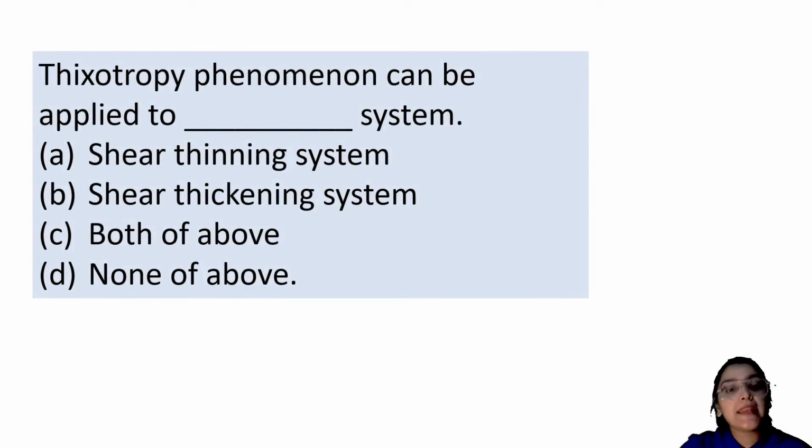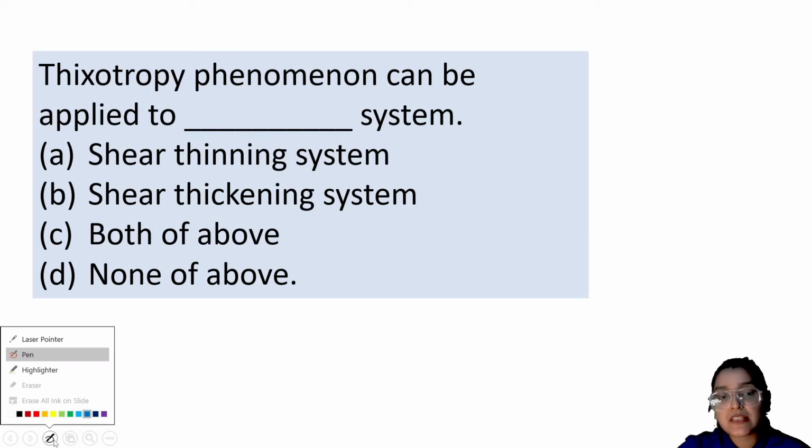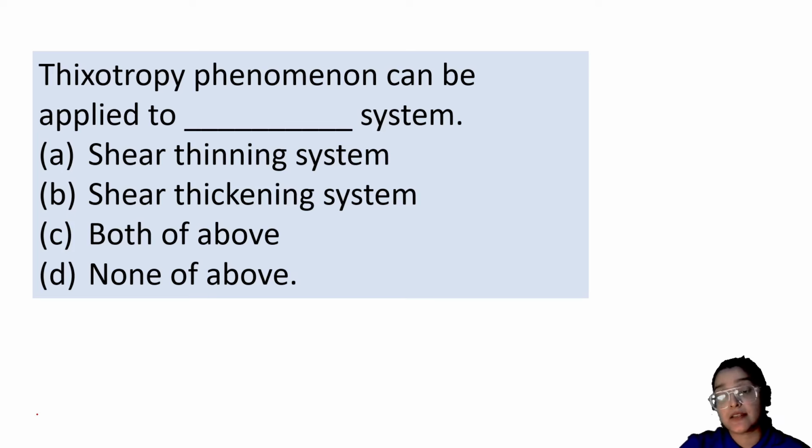Okay, next question. Thixotropic phenomena can be applied to dash system. Today in this slide we have seen this answer. Is it shear thinning systems, or is it shear thickening systems, or is it both of the above, or none of the above? I hope you all get it right. Yes, it is the shear thinning system.